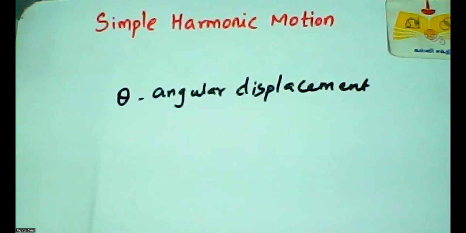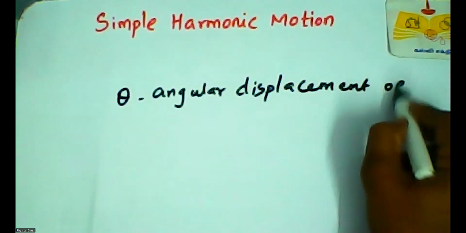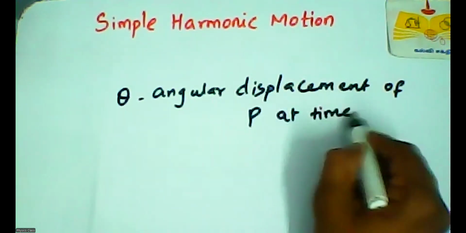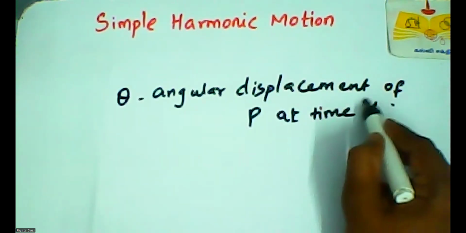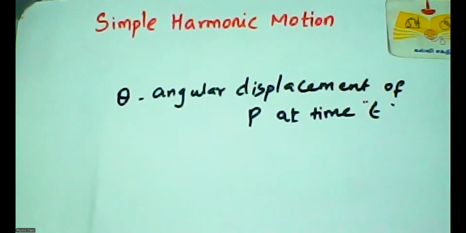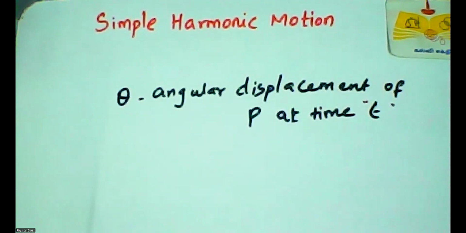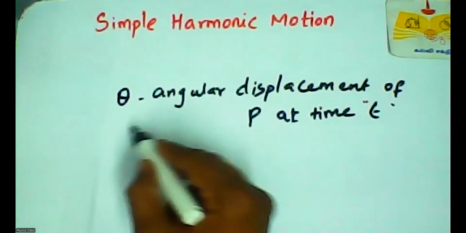So theta is the angular displacement of P at time t. Suppose at time t equals 5 seconds or 4 seconds or whatever, at that time theta is the angular displacement of P.